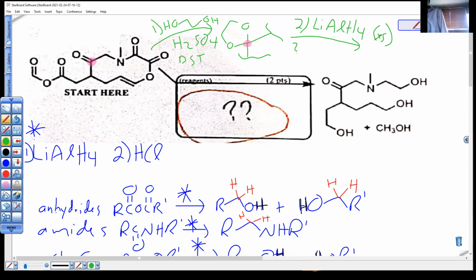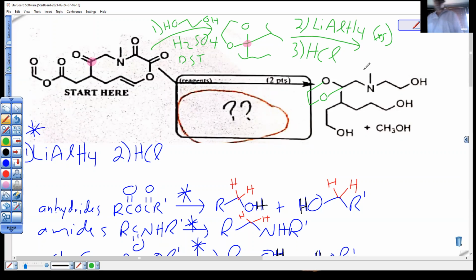And it's always followed by HCl. So that gets you to, if I had to draw what you have now, I'm going to erase this for now. After this, this will be here, CH2, CH2O. So after steps 2 and 3, you're here.